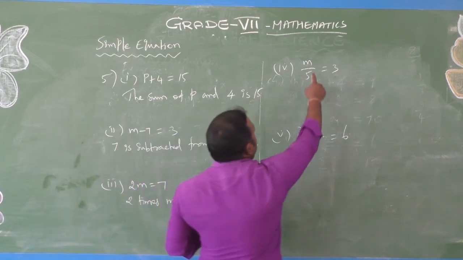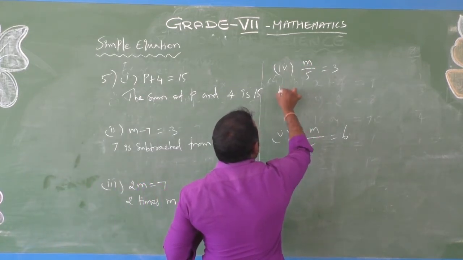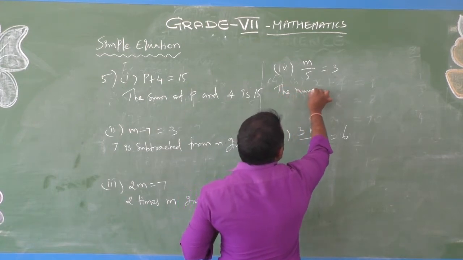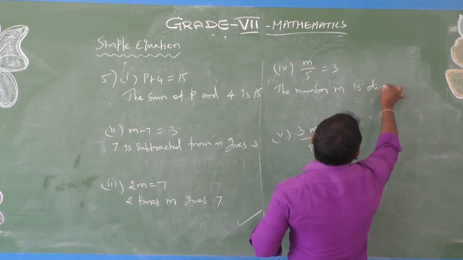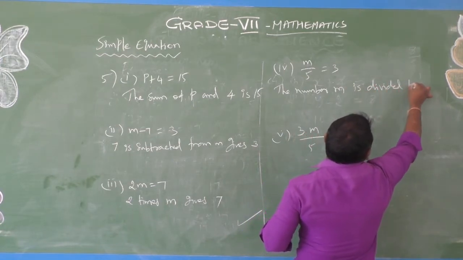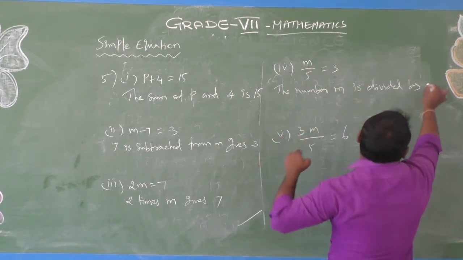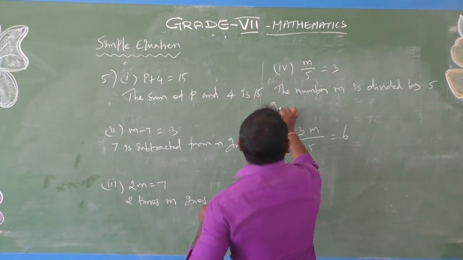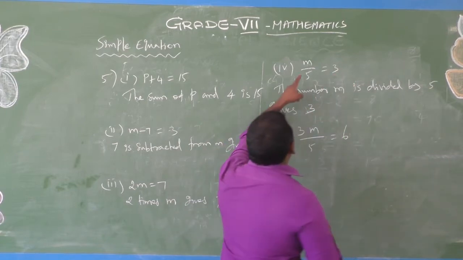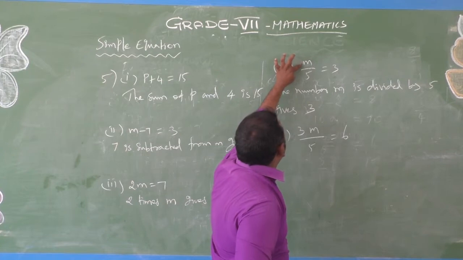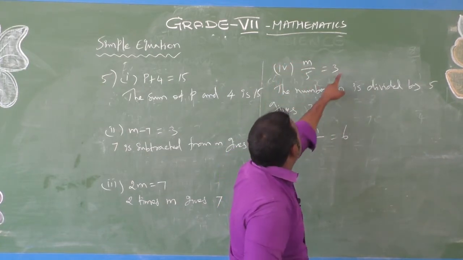Then here m is divided by 5. So the number m is divided by 5 gives 3.